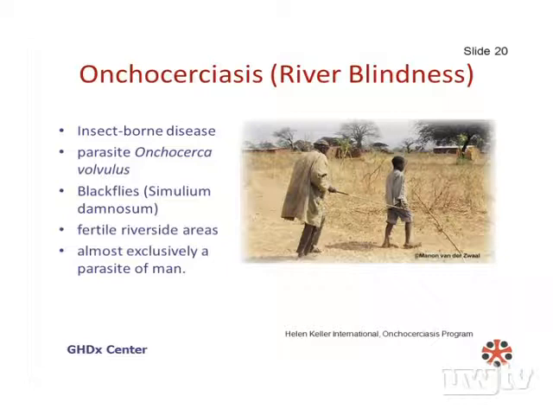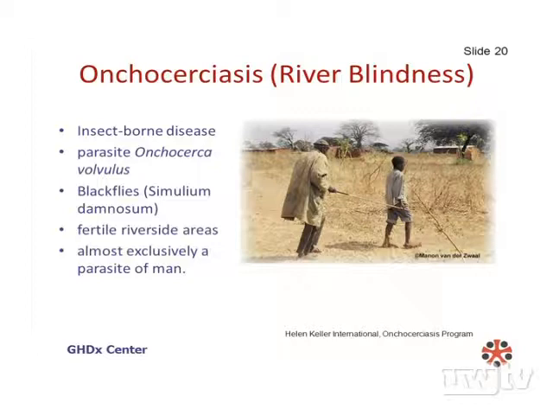So, what is onchocerciasis or river blindness? It's an insect-borne disease from the parasite Onchocerca volvulus. Here's a picture that unfortunately was very common for a long time, although it's getting much less common now, which is an older man who's blind being led by a younger person from the community.